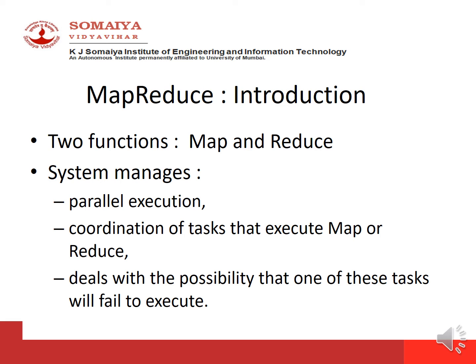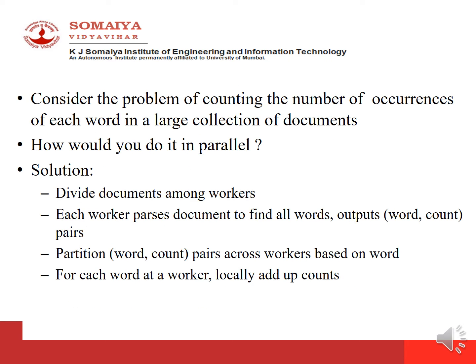Coordination of these tasks is also done by the system. Now when we execute tasks in parallel, chances are that some of the tasks may fail. This failure is even handled by the MapReduce paradigm.